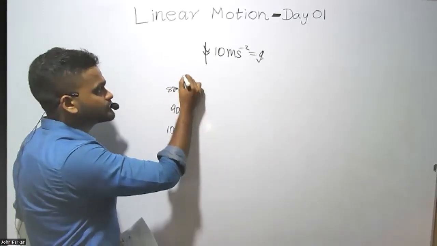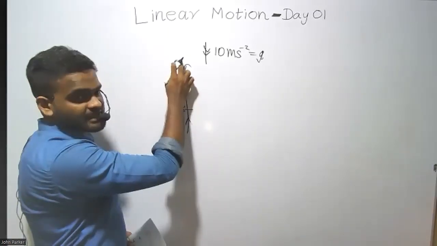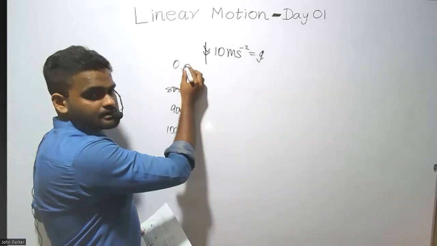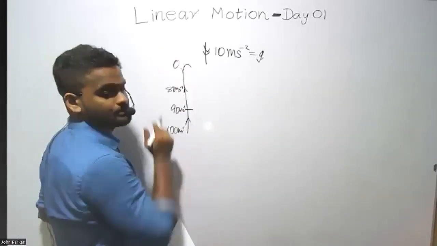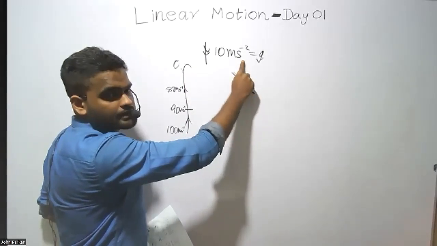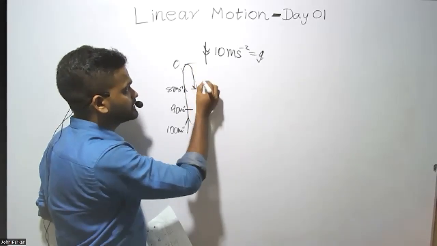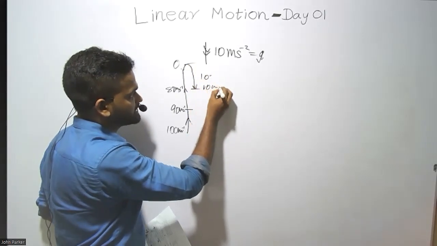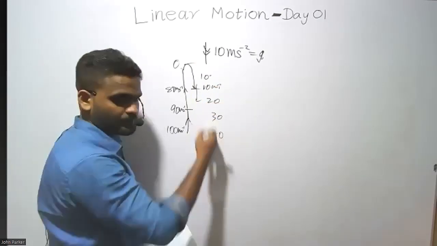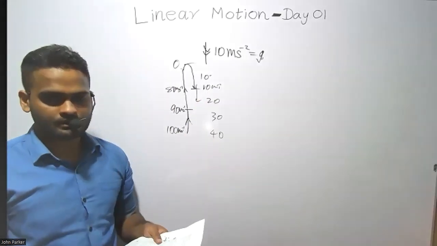Likewise, as it moves up, it takes 10 seconds till its velocity becomes 0. Then the force is downwards, so speed is increasing downwards. At every second, speed increases by 10 meters per second: 10, 20, 30, 40. So that is what this means.